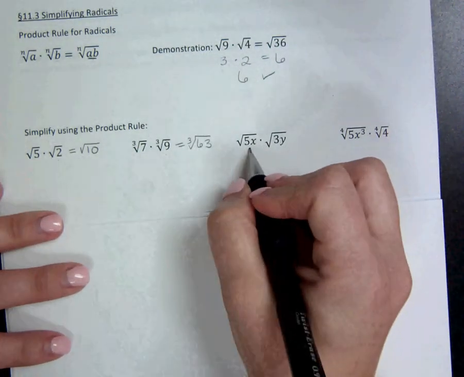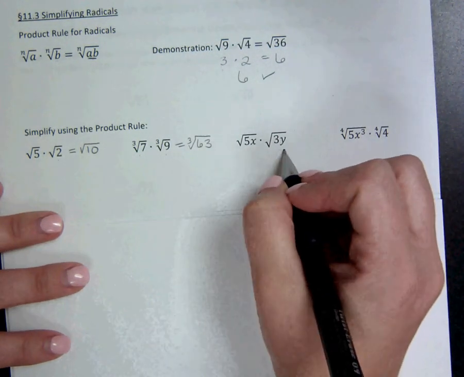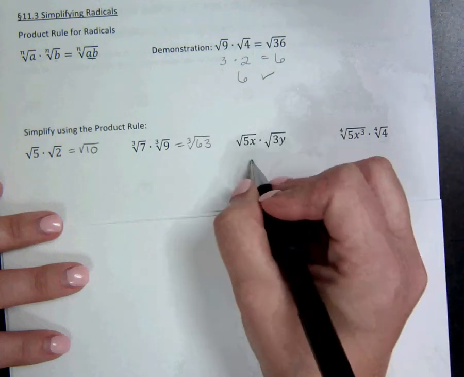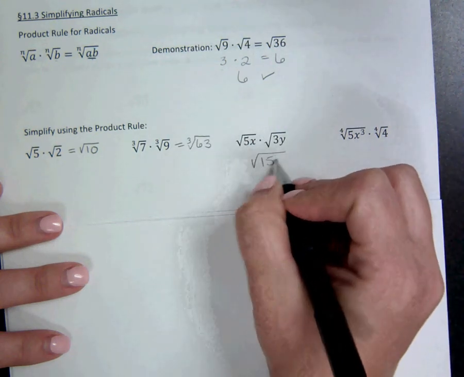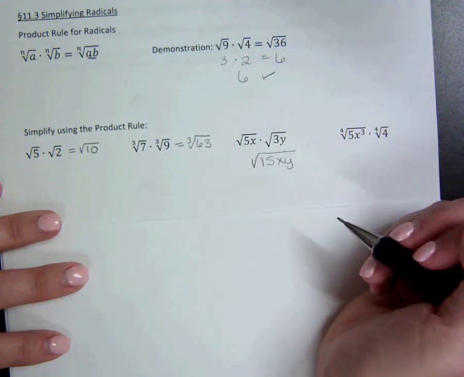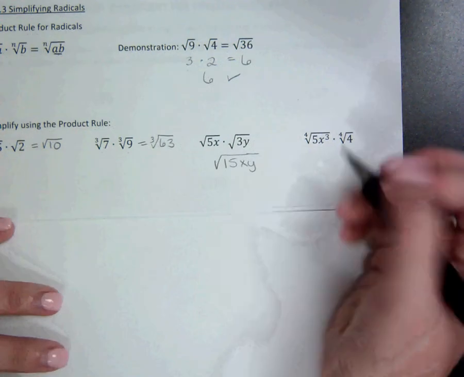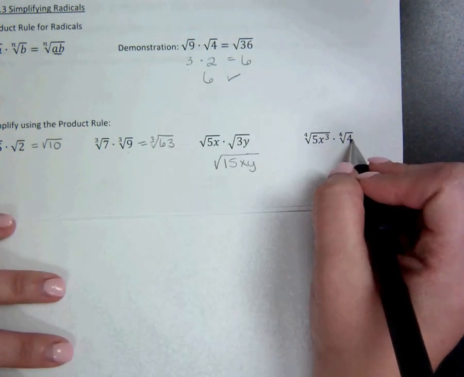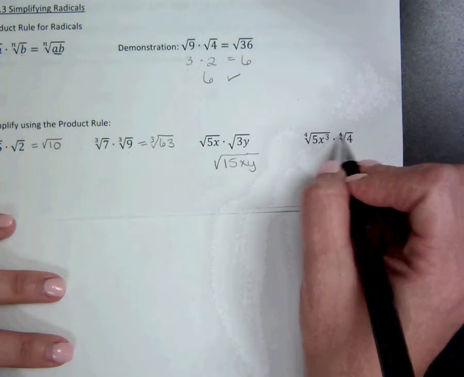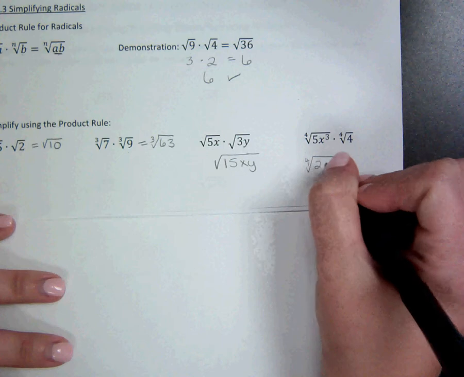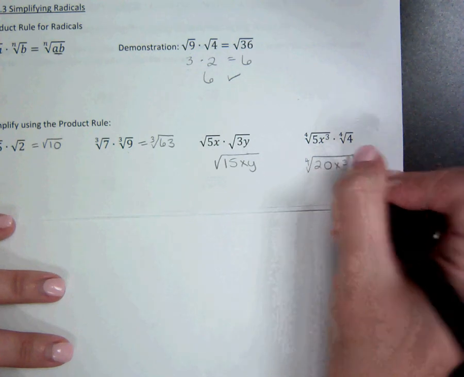If I have the square root of 5x times the square root of 3y, again because they're the same root, they're both square roots, I can combine that and make that the square root of 15xy, or separate it back apart if I need to. And finally, if I have the fourth root of 5x to the third times the fourth root of 4, because they're both fourth roots, that can combine to become the fourth root of 20x to the third.